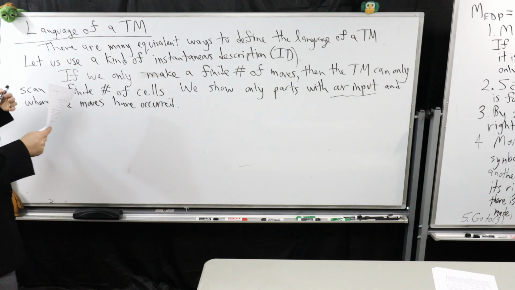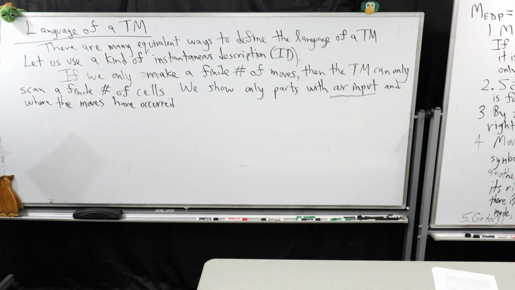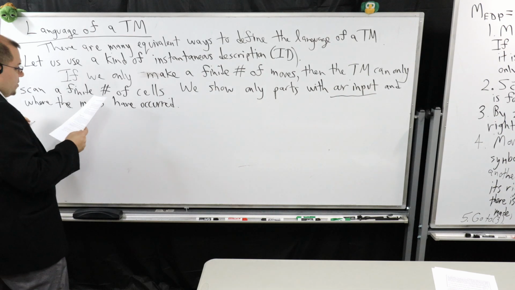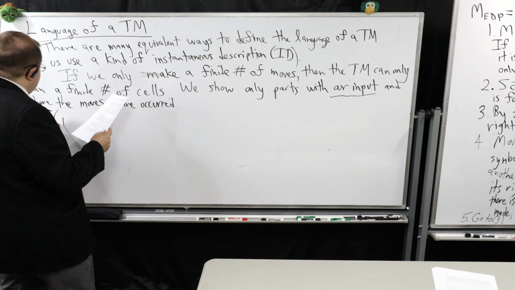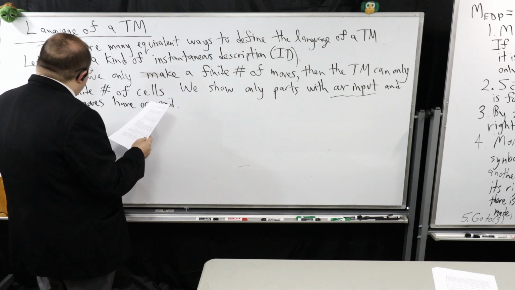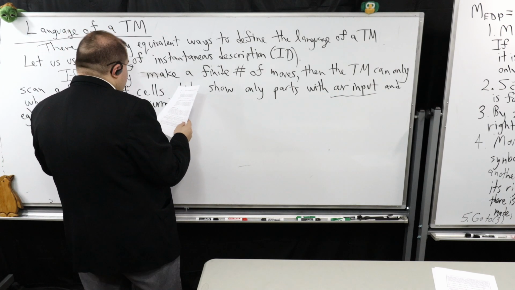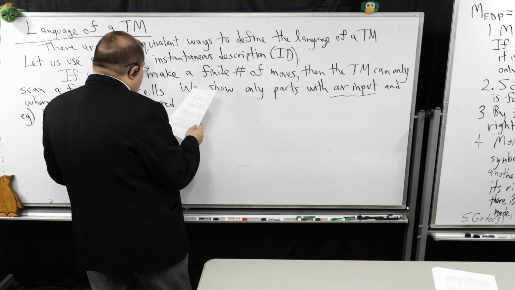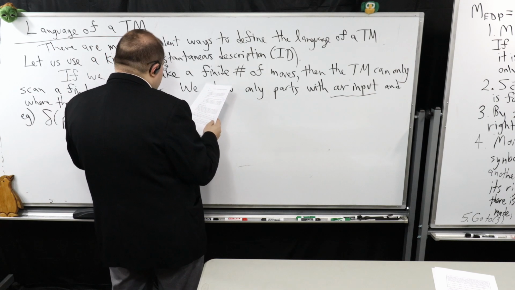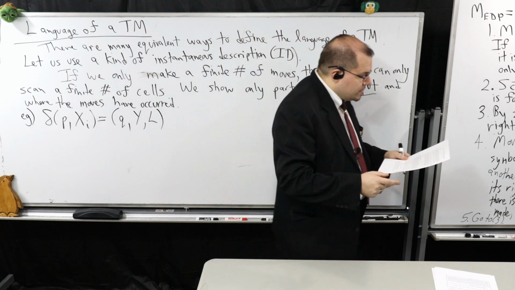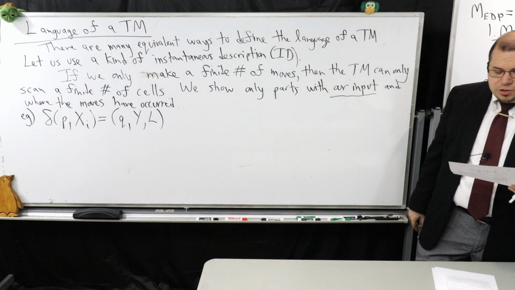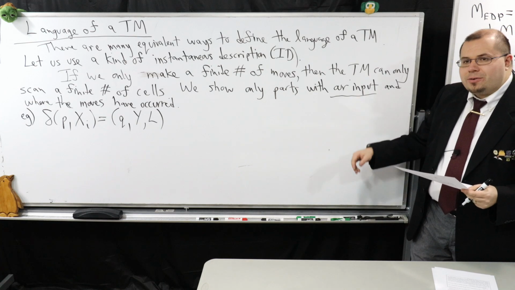Because remember, we want to describe the current configuration of the Turing machine. So, for example, if I give you delta of p, xi, and I say I'm going to make the following move, replacing xi with y and then moving left, here's how I would describe it to you.